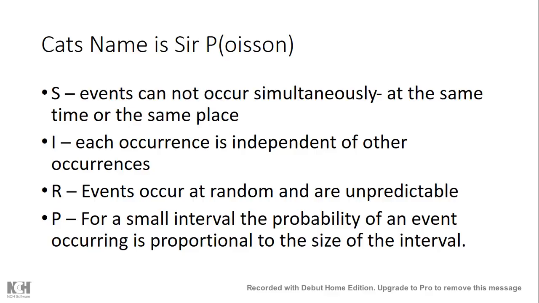That's what we mean by proportion. So if you double the length of the time and talk about a 30-minute interval, then we're going to double the average, and that will be our new average. Okay, so Sir P, Sir Poisson the cat. I hope you've enjoyed this, and you may also want to watch my binomial video. Good luck.